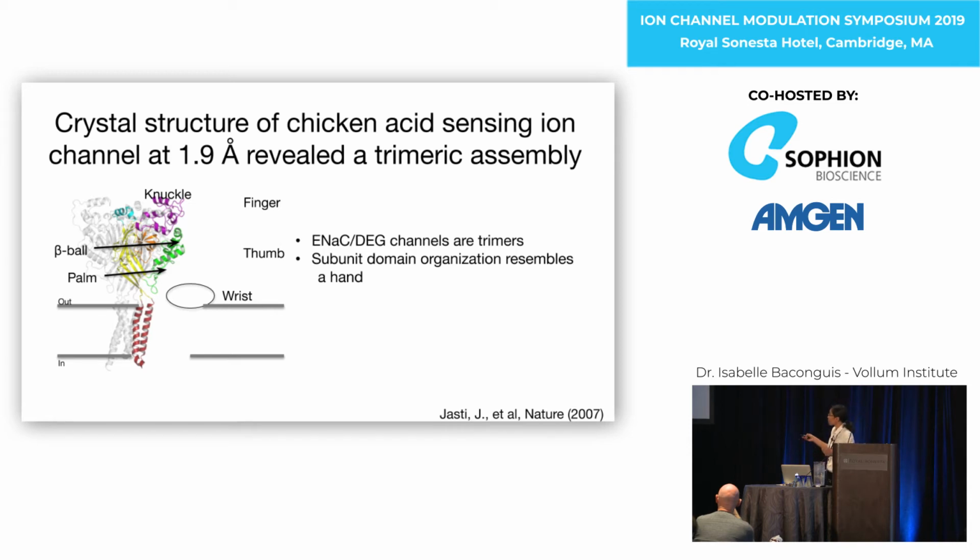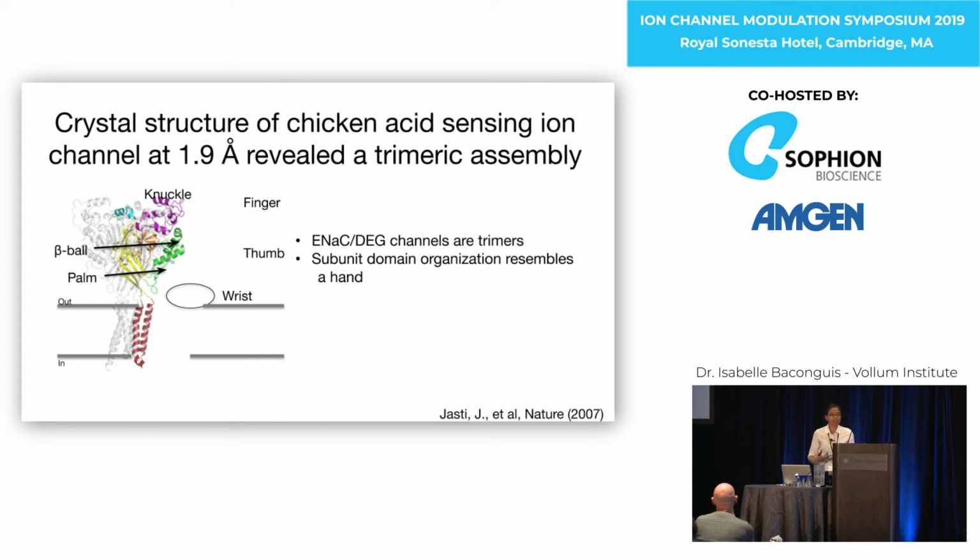And the reason why I'm showing this is I'm going to show you some of our recordings to kind of understand what our channel is doing, or whether or not it's behaving as expected. But as I mentioned before, the most structurally studied cousin, acid-sensing ion channel ASIC, was solved in 2007, and what it allows us to do basically was it established that these ion channels are trimers.